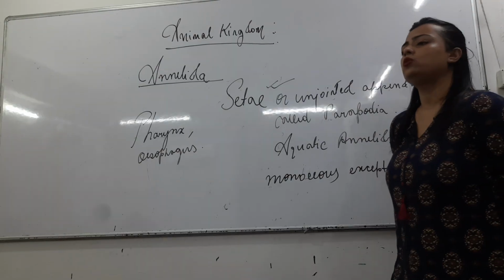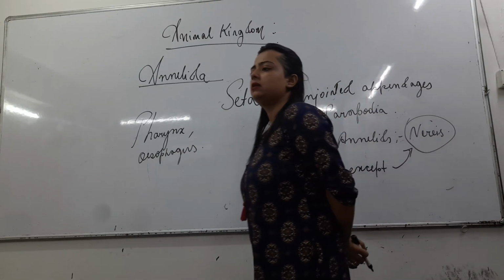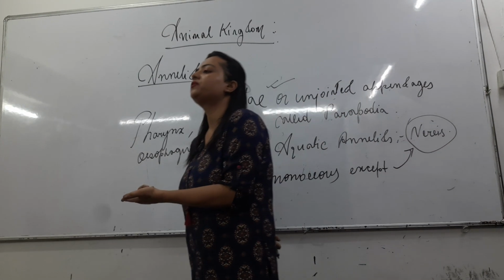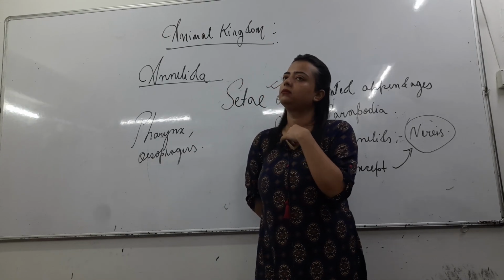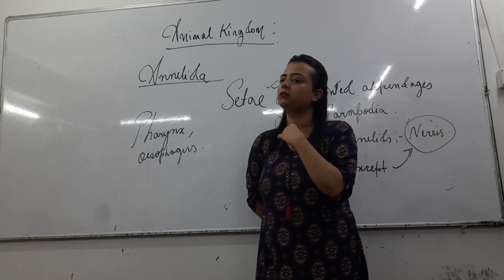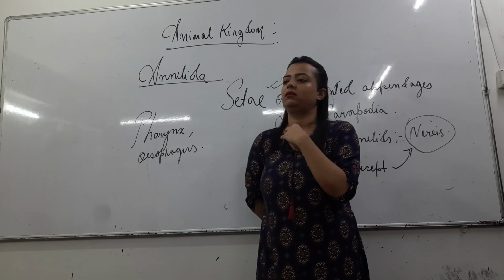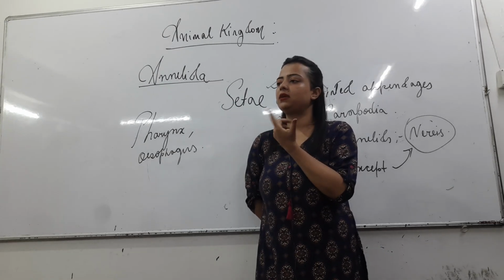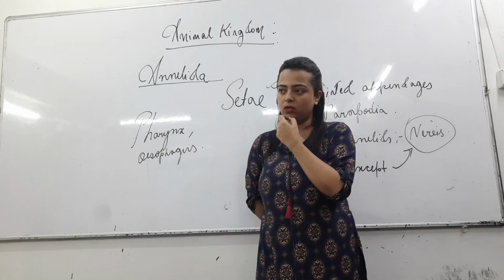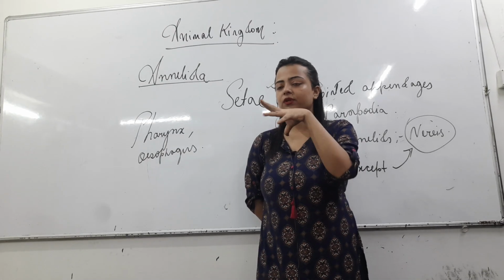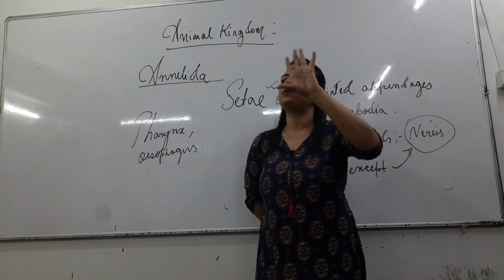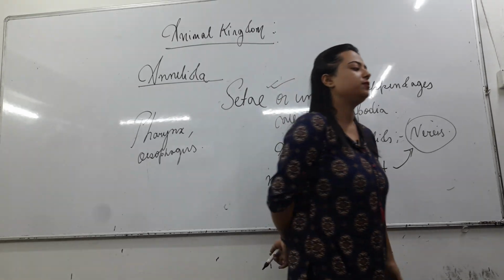What do you mean by closed and open type circulation? In open type there are no proper vessels. Closed type means blood will flow through the vessels, meaning arteries, veins and capillaries. That is why they have a closed type circulatory system.